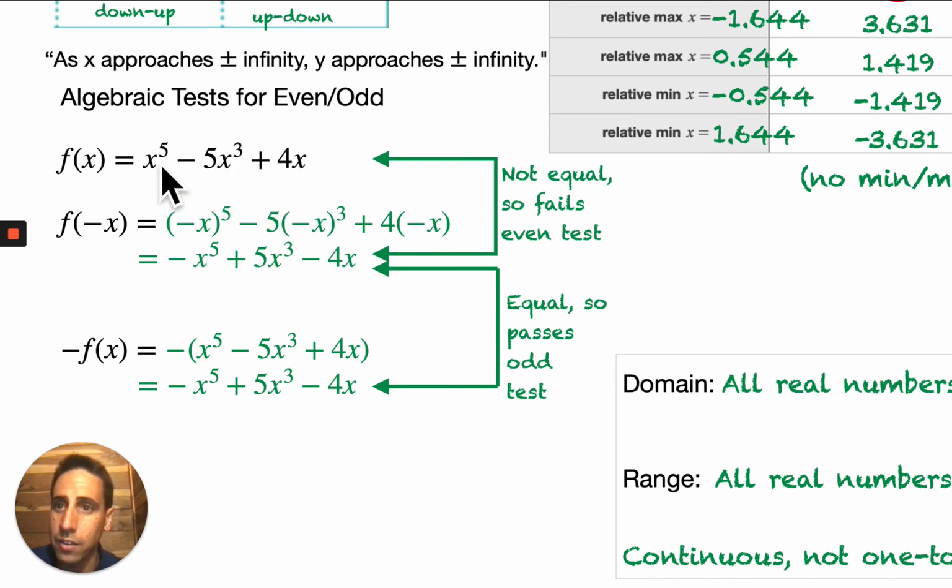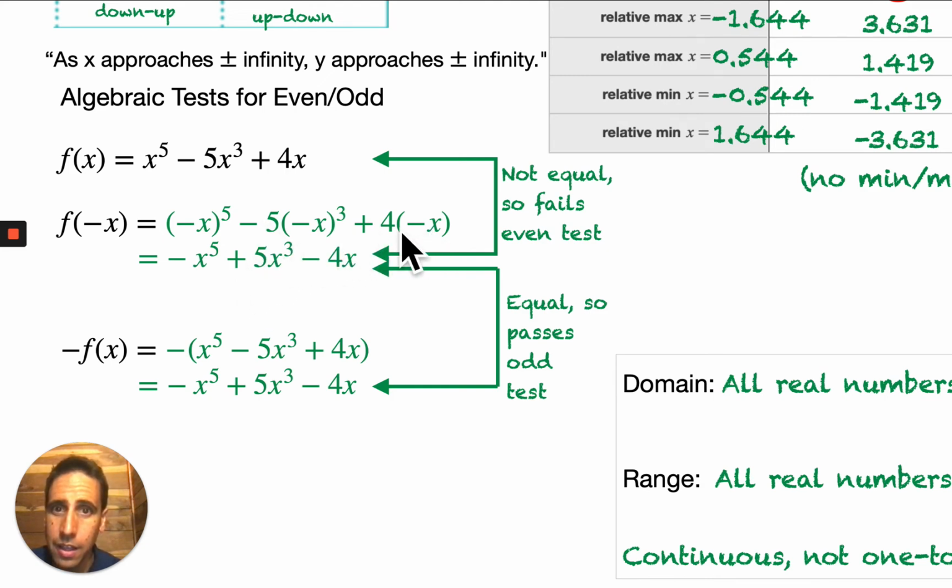So x to the 5th becomes (-x) to the 5th, minus 5 times (-x) to the 3rd, plus 4 times (-x). We simplify them, and if you take negative x times itself 5 times, it's still going to be negative x to the 5th. And negative x times itself 3 times is going to be negative x to the 3rd. It'll cancel out with the subtraction, and that's why this is positive.